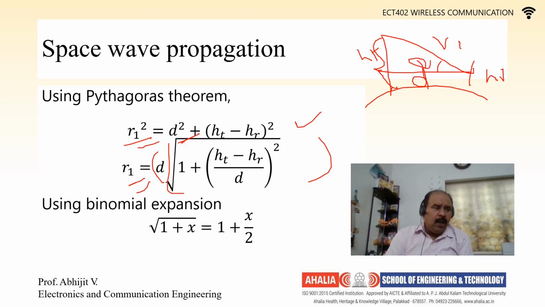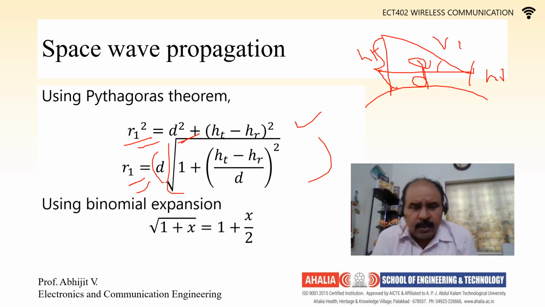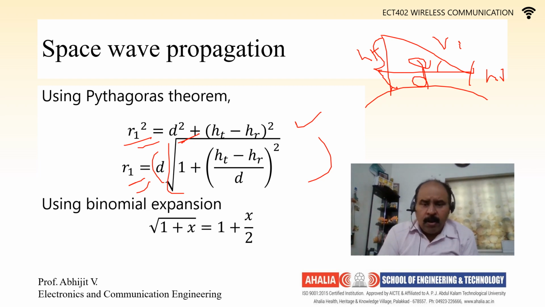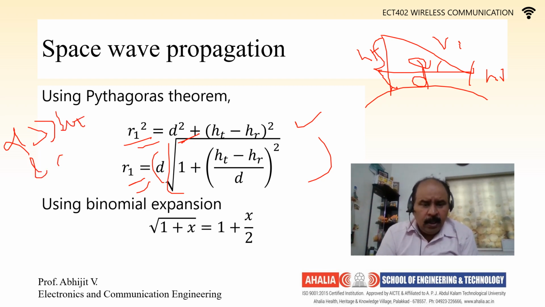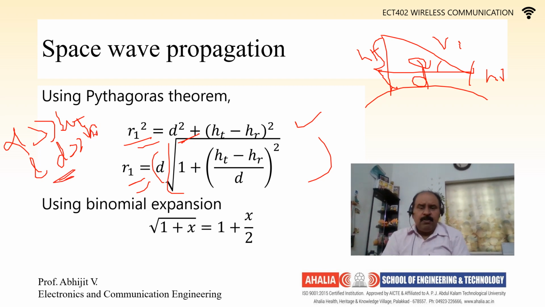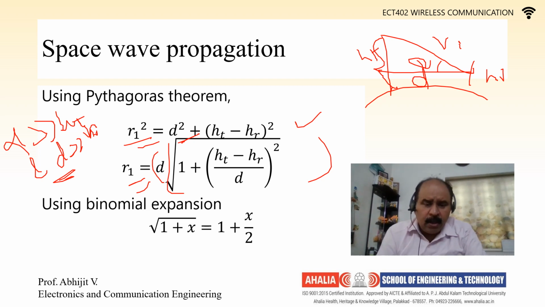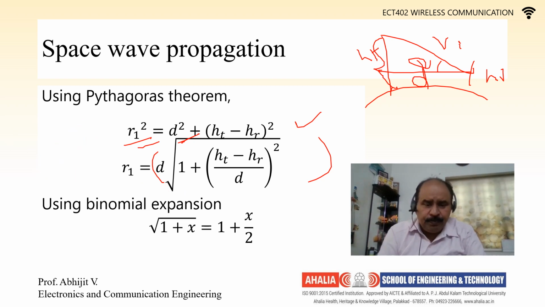Using the binomial expansion, see, D is much greater than HT, and D is much greater than HR, because the minimum distance between the transmitter and the receiver would be much higher. We need at least 100 km or so range for transmission.